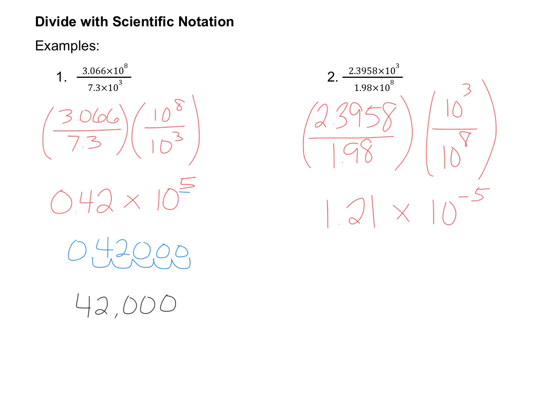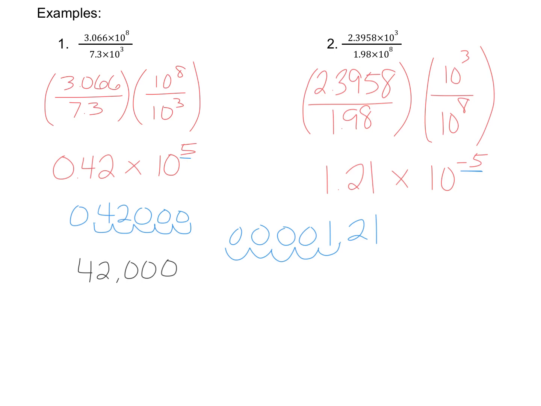Good. Now what? Standard form. Yep. Negative exponent, we go to the left and fill with zeros. Sometimes when we move, we forget we're moving the actual decimal, so sometimes people put this as their answer. Is that a number? No. You've got to have that decimal there.